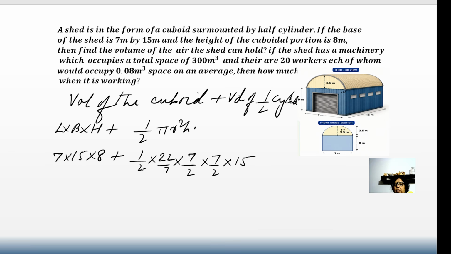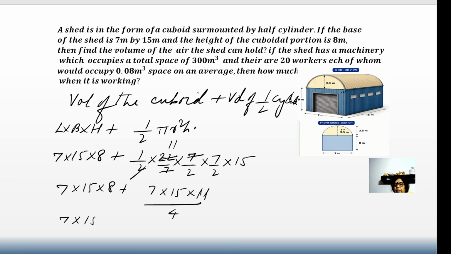Now what other things can we cancel out? This becomes 11, and one 7 gets cancelled. We are left with 7 into 15 into 8 plus 7 into 15 into 11 by 4. To simplify this further, we can take 7 into 15 common.